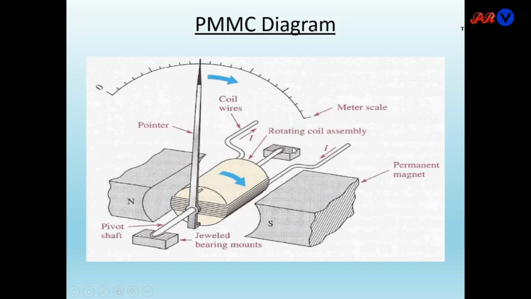So in this way, when current passes through this, a magnetic field will be set up in this coil, and this magnetic field interacts with the magnetic field of the permanent magnet, and in this way the pointer will start rotating. So we will get the measured value of the current.